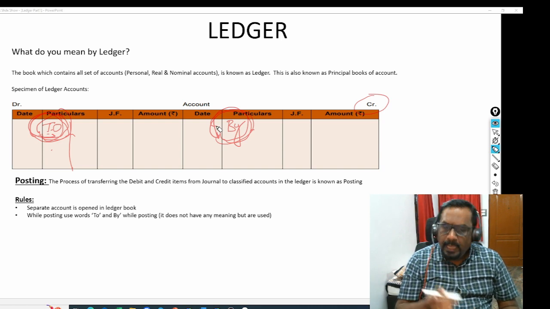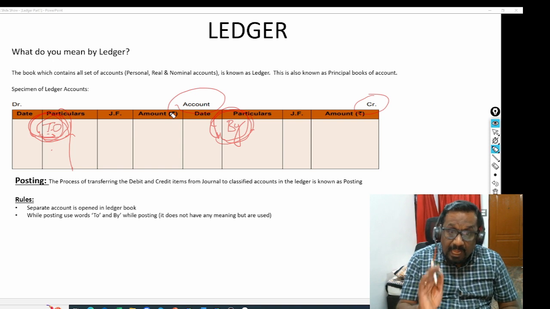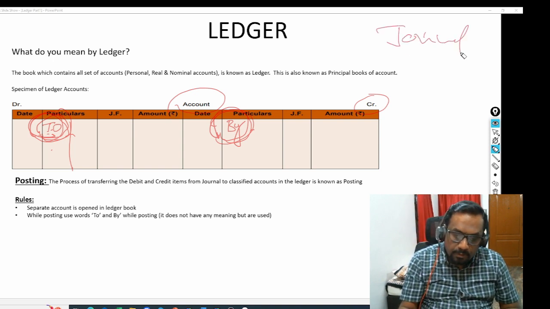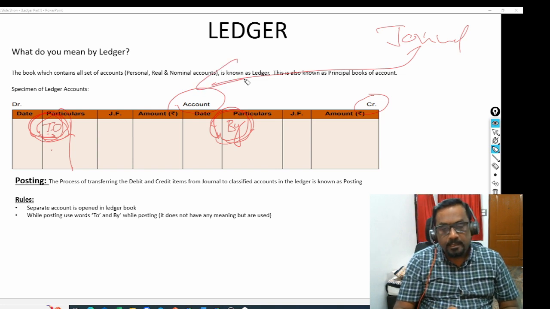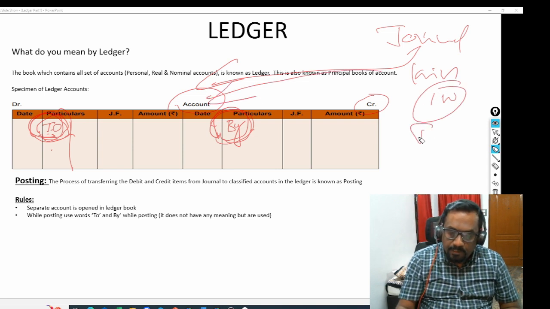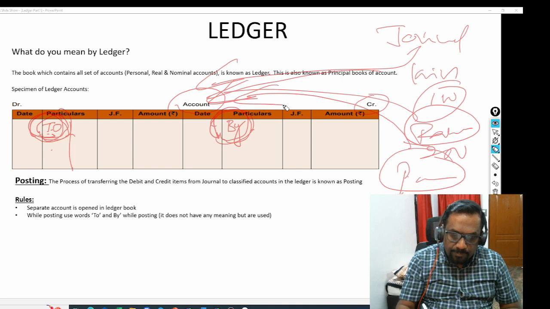And as I said previously, each account you post or record in the journal book has to be created as one account. Suppose Krishna has 100 transactions, you have to maintain a Krishna account. If Ramu has 200 transactions, Ramu has to have one account. If purchases have 1,000 transactions, you maintain one purchases account.